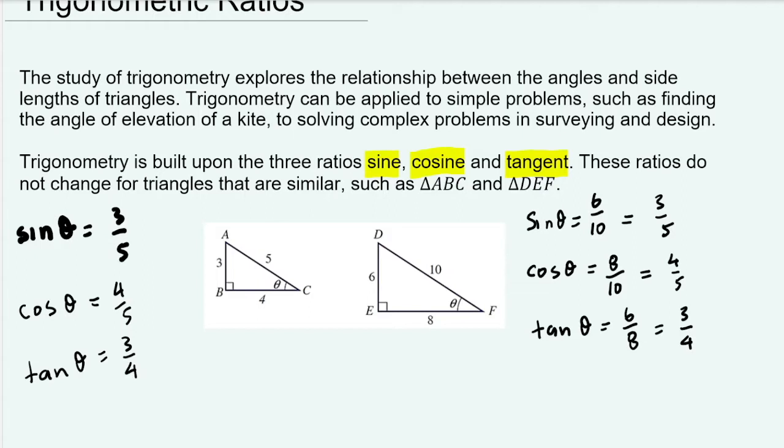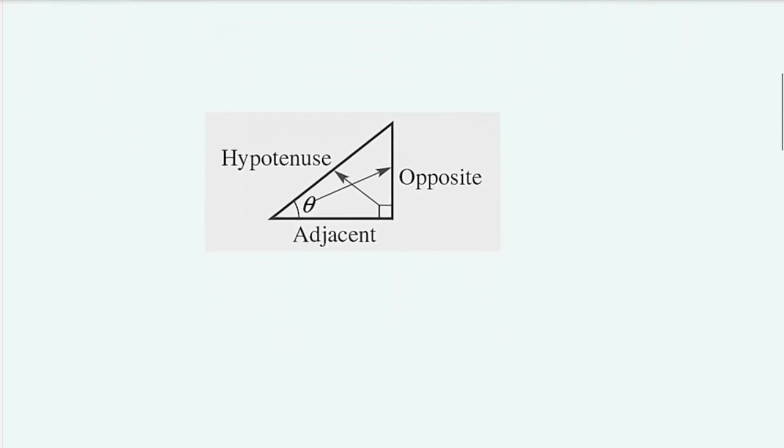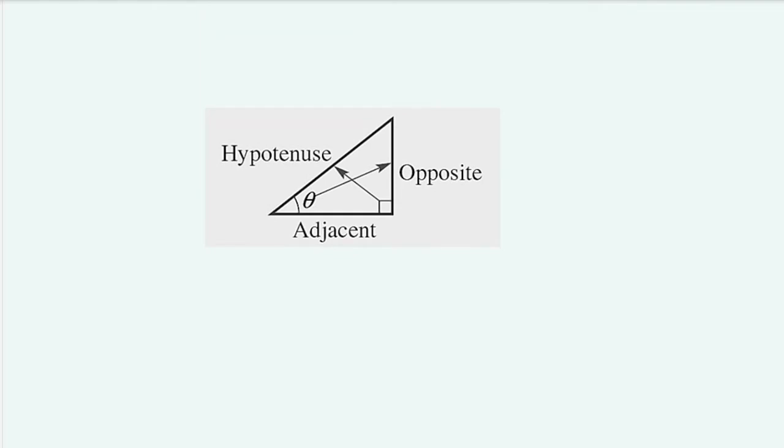So if we have a look now at how the ratios themselves work. Here we have a right angled triangle, and there's our little right angle in red. Directly opposite that right angle is our hypotenuse.